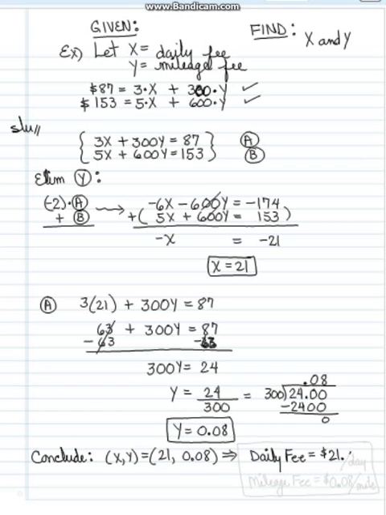It's daily, so it's per day. And the mileage fee is equal to 8 cents. So you can write it as 8 cents or $0.08. That's the same as 8 cents per mile.